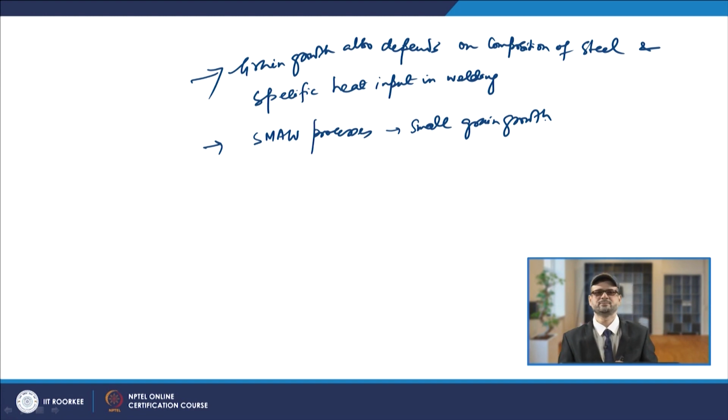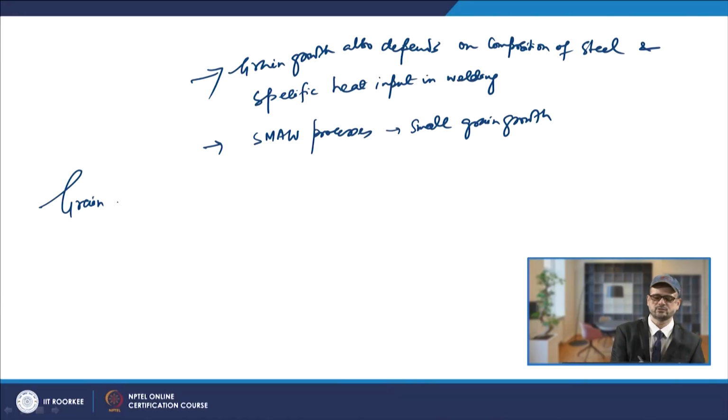Then you have the SAW, and then you certainly have the ESW. Accordingly, the grain growth which is observed will change.